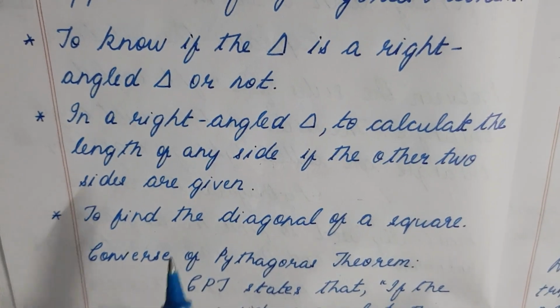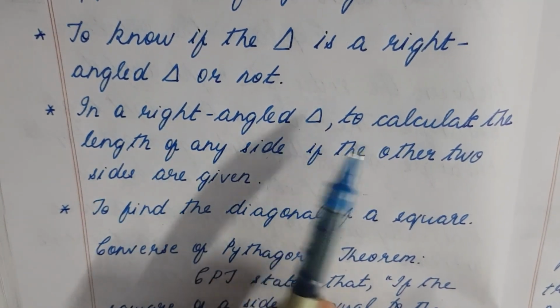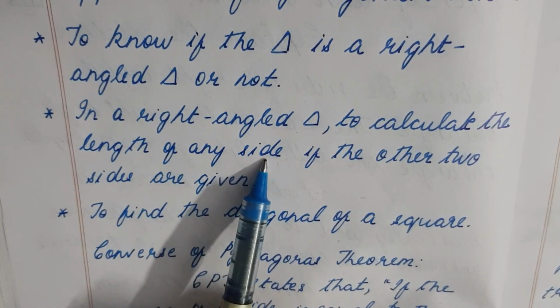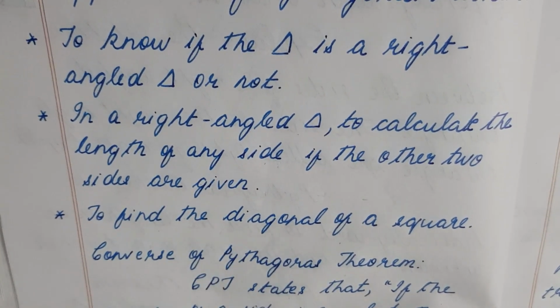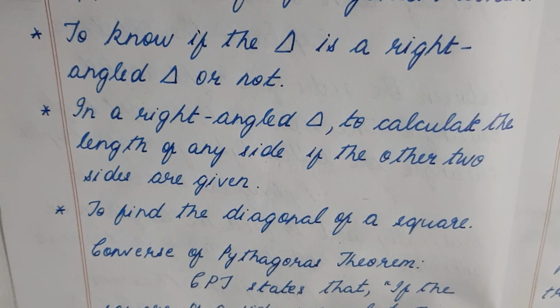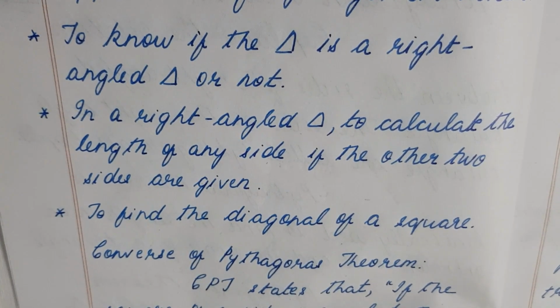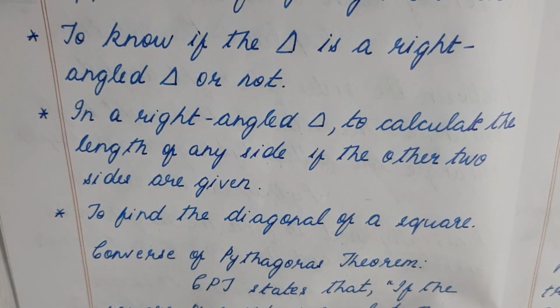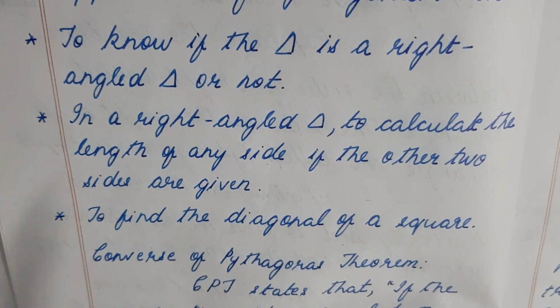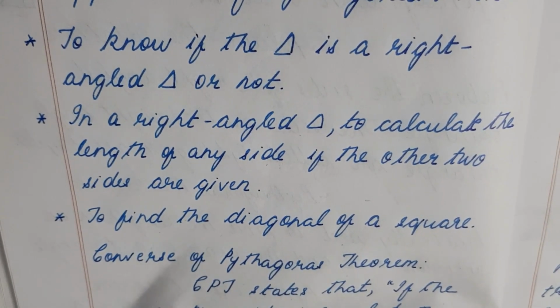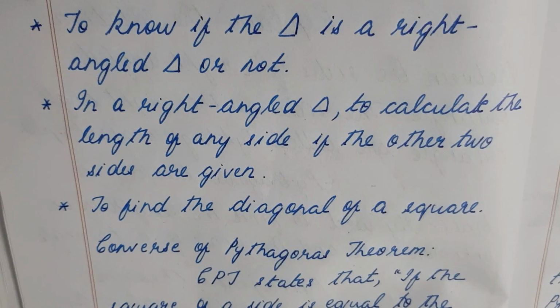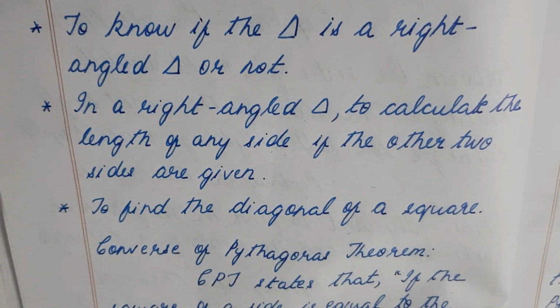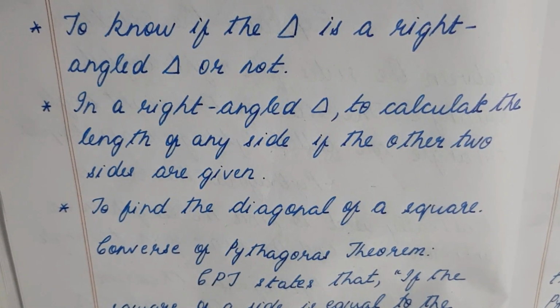Okay, so the second one is, in a right-angled triangle, to calculate the length of any side if the other two sides are given. So for example, இப்போ hypotenuse கொடுக்கல, பர்பெண்டிகுலரும் பேஸும் கொடுத்துருக்காங்க. அப்போ நம்ம ஹைப்போட்டென்யூஸ் கண்டுபிடிக்கணும்னா then we can use this Pythagorean theorem and we can find out what is the hypotenuse. Okay, so அது it can be hypotenuse or it can be perpendicular or it can also be base.